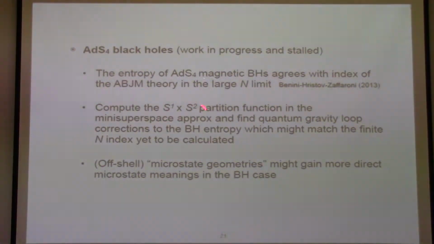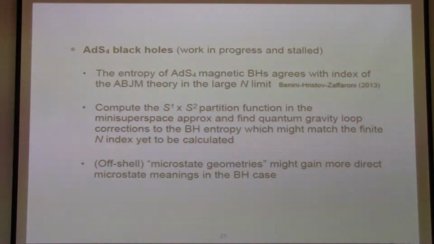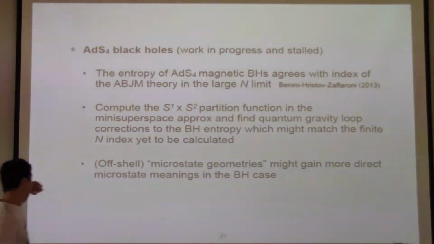The boundary condition is S1 plus S2, and also we have to add the scalars and U(1) gauge fields. It's easy to set up the problem and easy to reproduce the classical result, but I haven't figured out how I can really get 1 over N from this, so not yet.